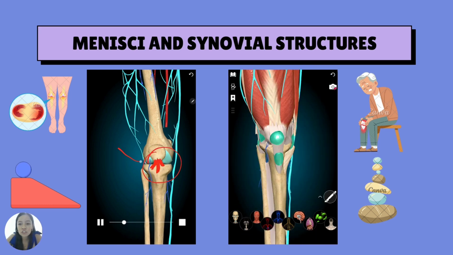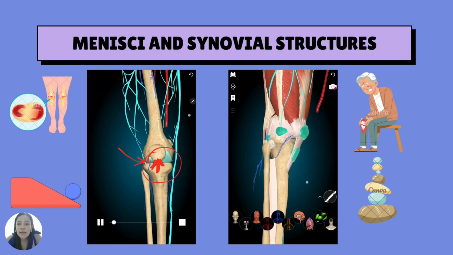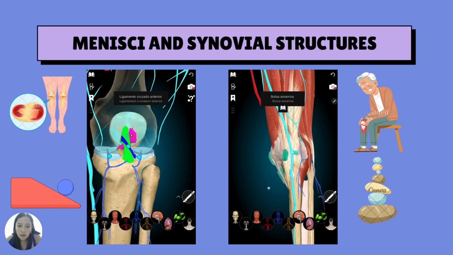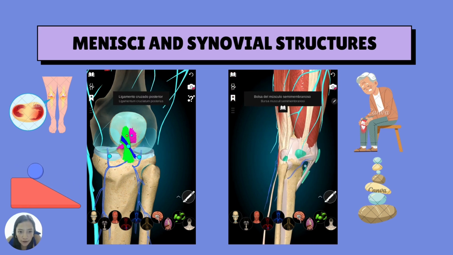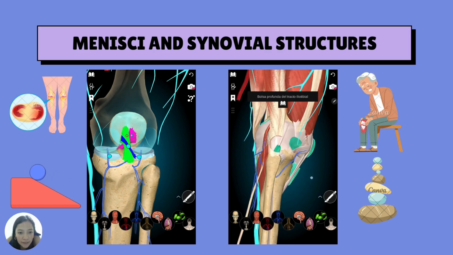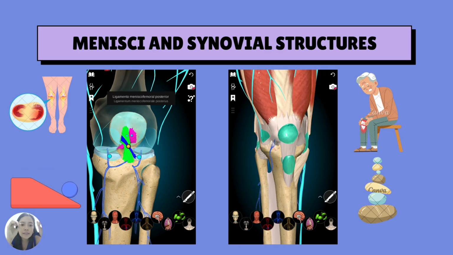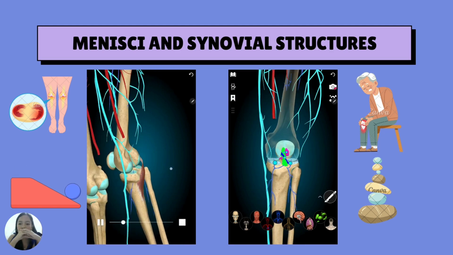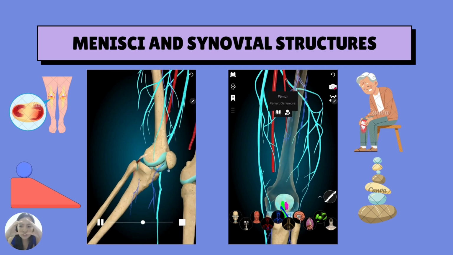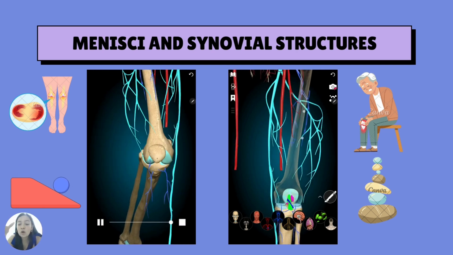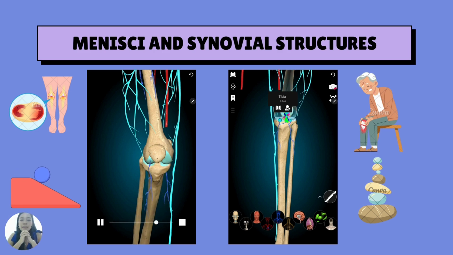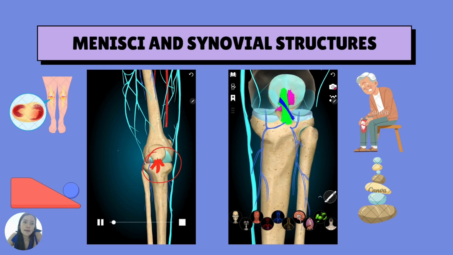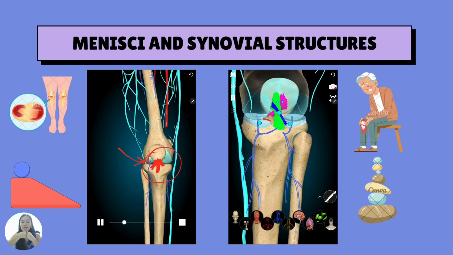The roles include shock absorption, that we can see in the image, joint stability, and also the distribution of synovial fluid. The knee also contains bursae, in the second video, the little circles, the small sacs in green color that contain synovial fluid, proteins and other fluids that help reduce friction in this part.